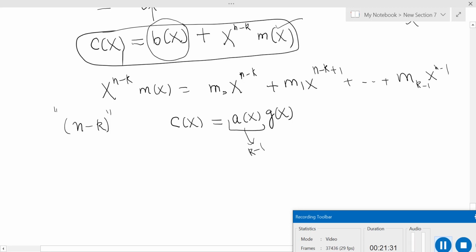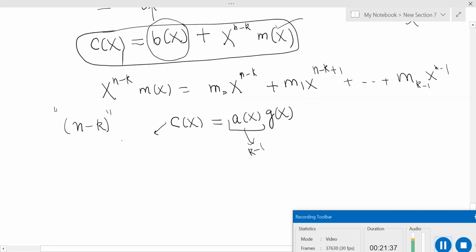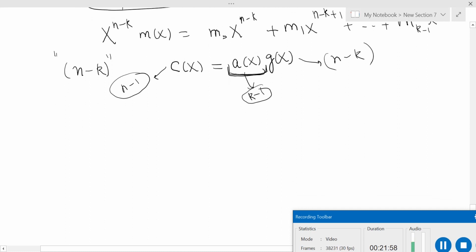The code has a degree n minus 1, and you multiply it with some polynomial of the same length as the message bits, that degree is k minus 1. So the degree of g of x should be n minus k. Just remember this as a fact if you don't understand this point.